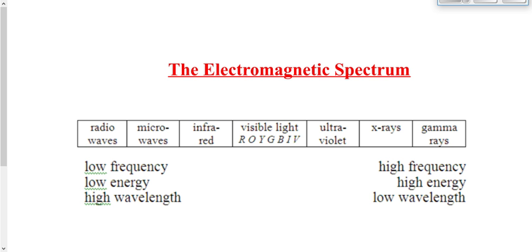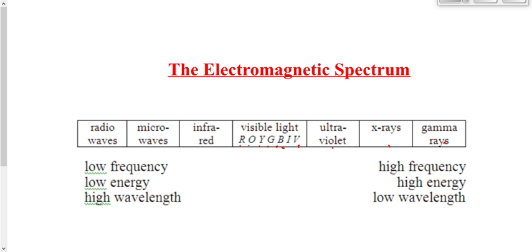They are radio waves, microwaves, infrared, visible light, which is made up of red, orange, yellow, green, blue, indigo, and violet, ultraviolet, X-rays, and gamma rays. You will have to be able to rank these.